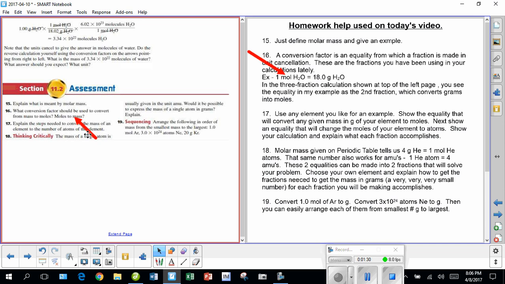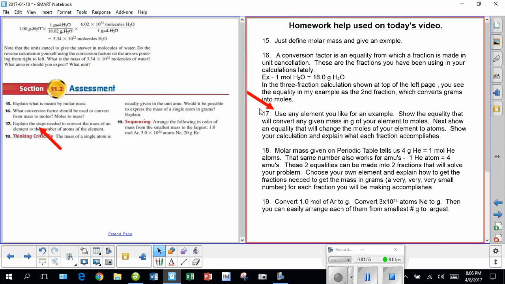And then how does that same equality give us the answer to this question, which is moles to mass? It's just that one is the reverse of the other, and the fraction is upside down, or flipped, from one to the other. And you need to explain that in words that make it clear.